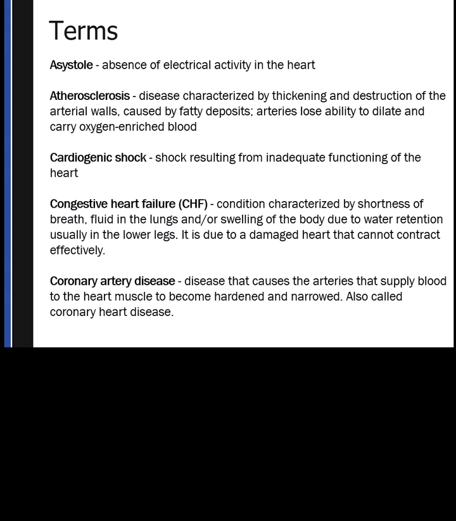Atherosclerosis. If you're from the South, we have perfected atherosclerosis because we like butter. We fry everything here in the South. Boy, it tastes good, but it is not good for our hearts. It's not good for our vasculature.